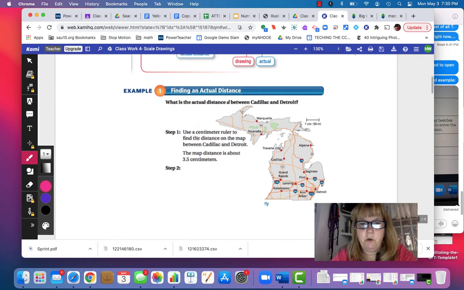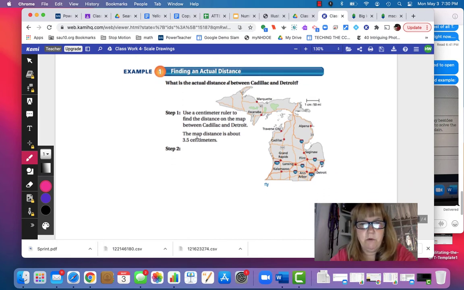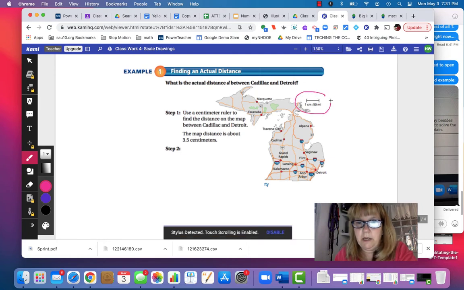We used to do this all the time, long before you would use Waze or Google Maps or any of those things. We'd actually get out a map and a ruler and stretch it onto the map and figure out what a distance is. If you look at this map, it says that 1 centimeter is equal to 50 miles.